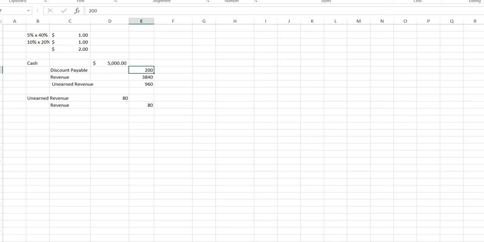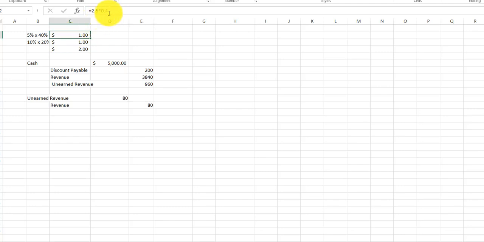So going over to an Excel spreadsheet, we get a 5% discount with a 40% chance of that, and a 10% discount. Of course, the part where there's no discount doesn't matter, because you're just multiplying by 0, so you get 0.